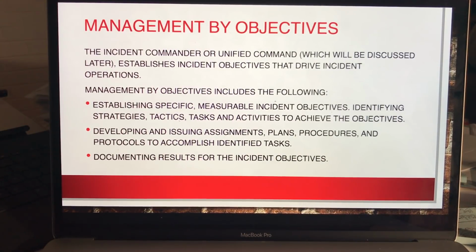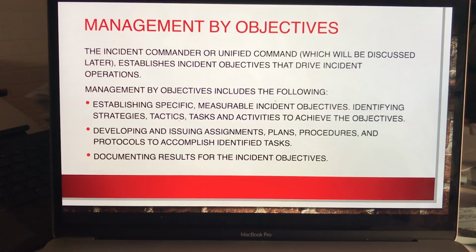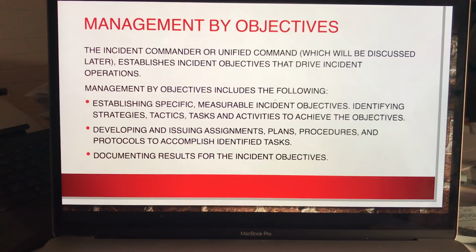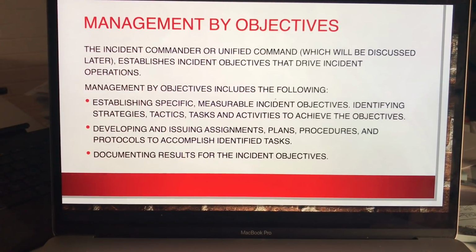Management by objectives. The incident commander or unified command, which will be discussed later, establishes incident objectives that drive incident operations. Management by objectives includes the following.